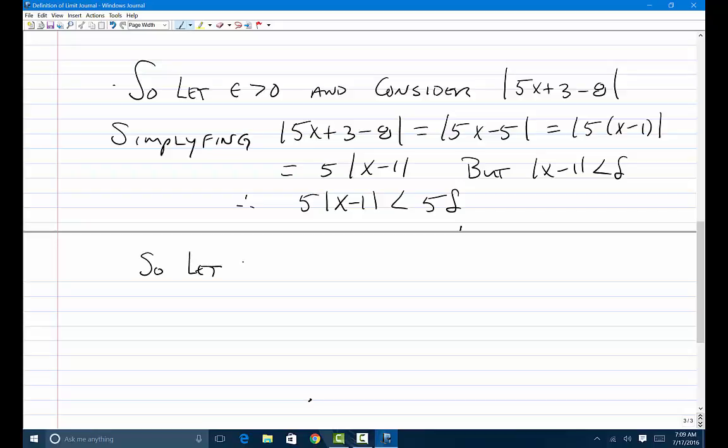So if we let 5 times delta equal epsilon, then the necessary delta is epsilon over 5. This provides us with a formula for finding how close to 1 we must be in order for 5x plus 3 to be close to 8.